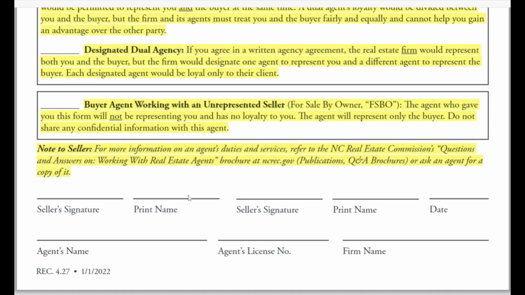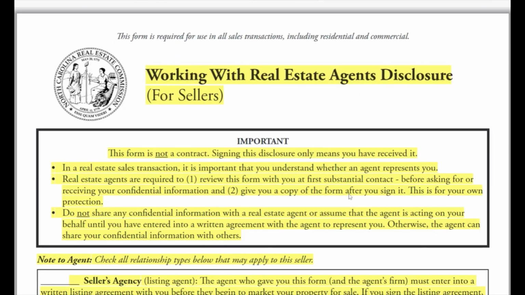We would just explain to you who we are, all the agency relationships, and how we will represent you as our client. Then we will have the seller sign this and print their name, if there are two parties involved. And then we will also put our name here, our license number, and our firm. And that's pretty much it with the working with real estate disclosure for sellers.